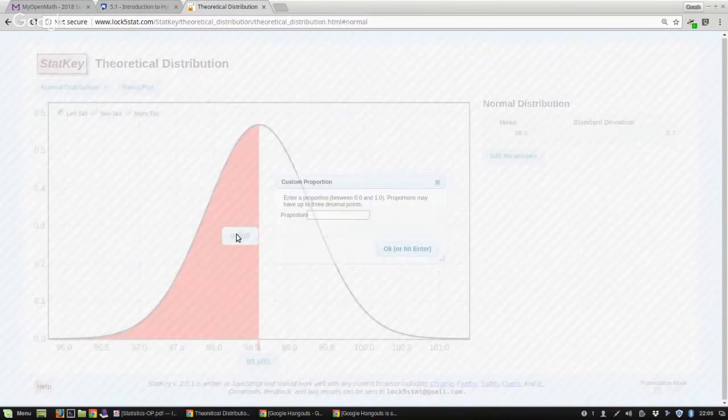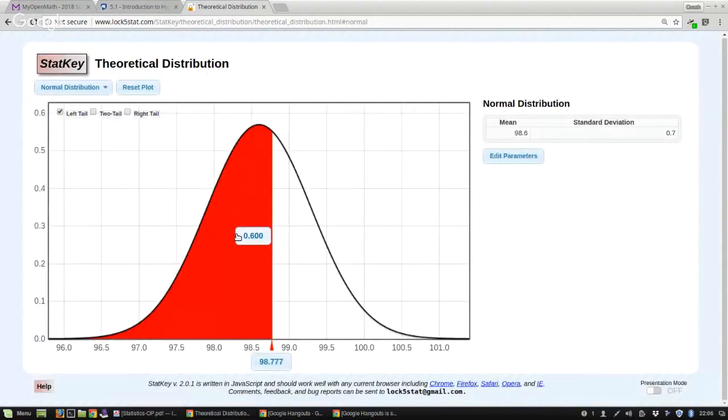Suppose I wanted to know what the 60th percentile is. I enter 0.6 for 60%, and I get 98.777 as the 60th percentile for human body temperature. So again, I can answer questions about probability and about body temperature, all with a normal distribution.